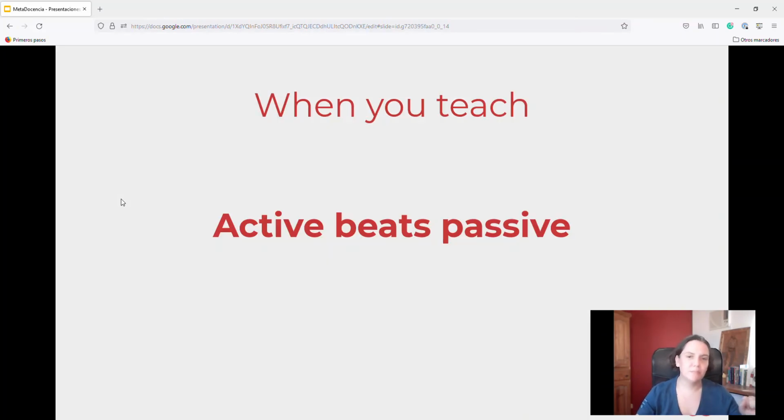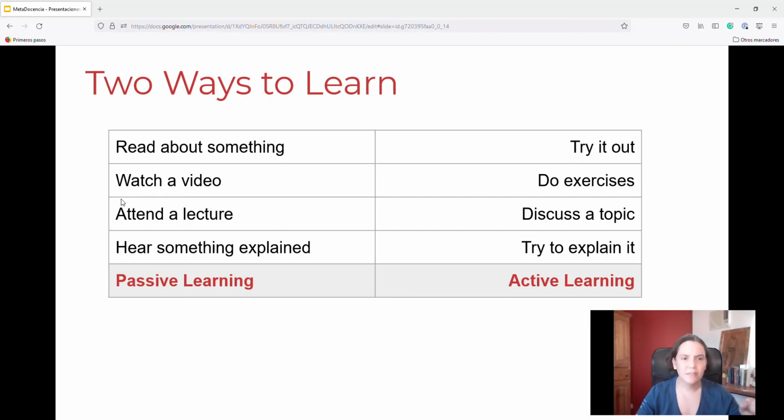The other thing that is important to know is that active learning beats passive learning. In this slide, you have different strategies. For example, read about something, watch a video, attend a lecture, or hear something explained are strategies of learn now, use later.